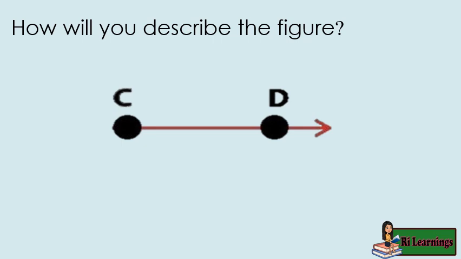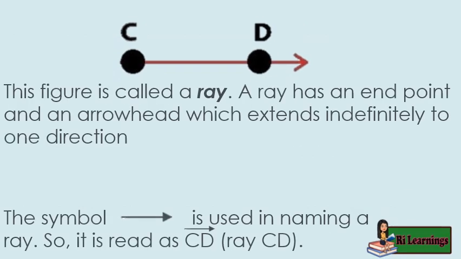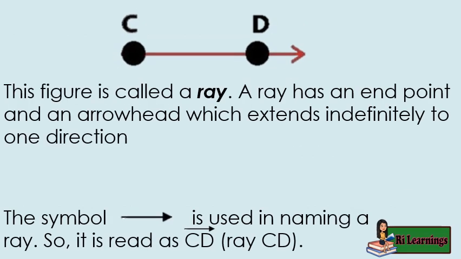How will you describe the figure? This figure has an endpoint on one end and an arrowhead on the opposite direction. This figure is called a ray.